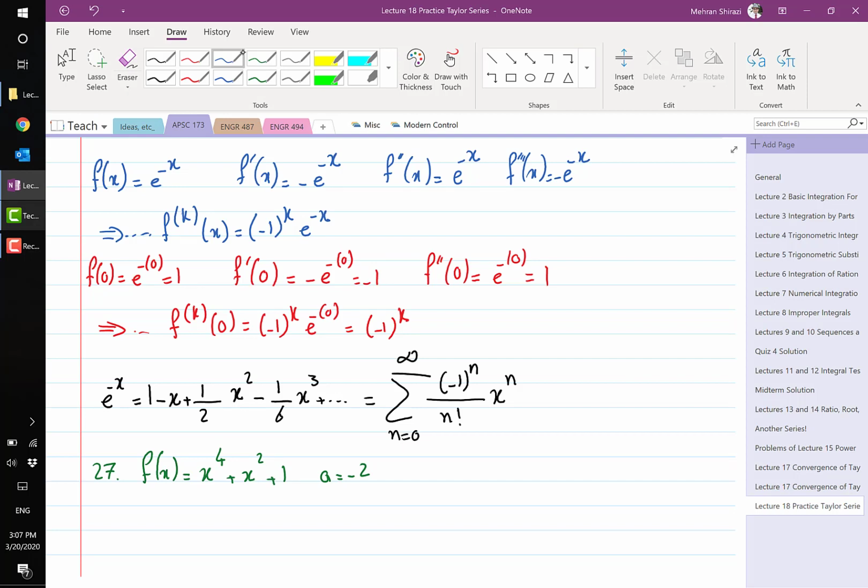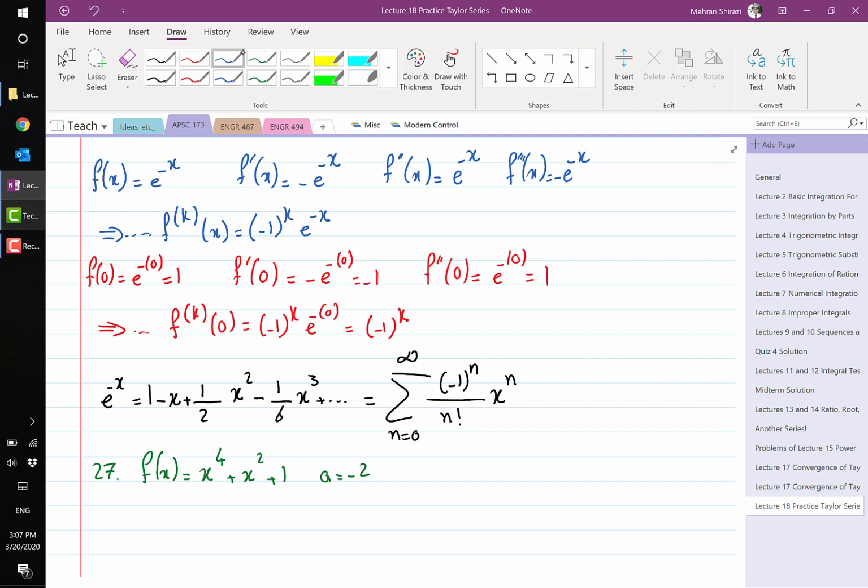If the function is a polynomial itself, the Taylor series is expected to be a polynomial too. And if the function is a polynomial of order 4, like the case here, we expect the Taylor series to be of order 4.